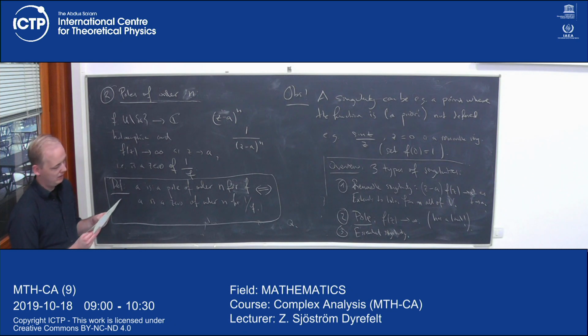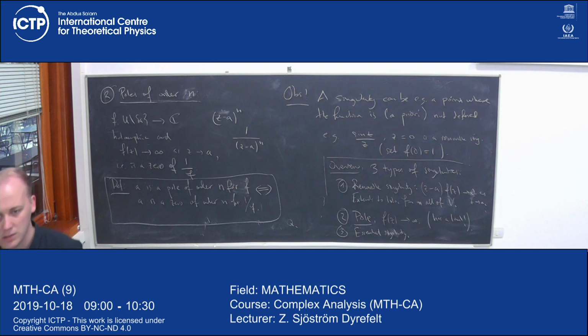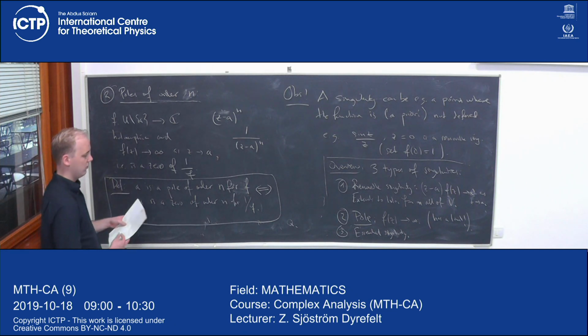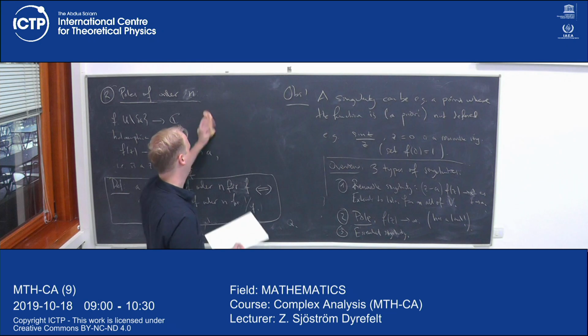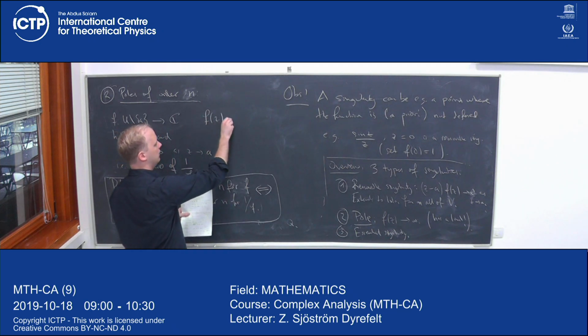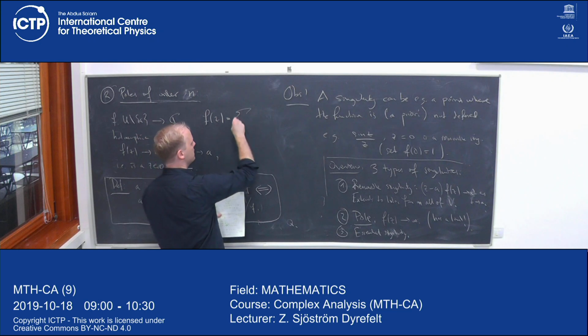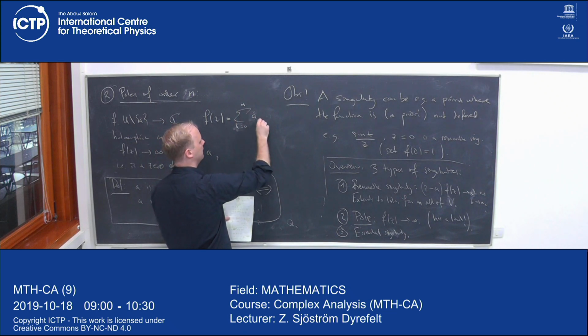Now let's see. I have maybe 8 more minutes, so let me see what I want to try and do. Well, the order of the zero is defined for polynomials. So what is the order of the zero for a more general function? If you have f of z, in general it is equal to this power series.